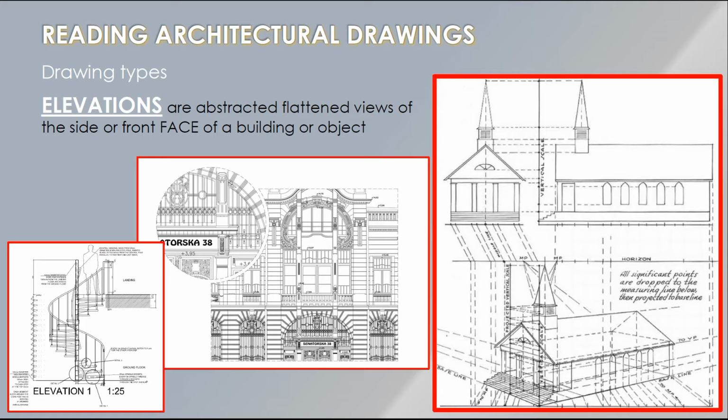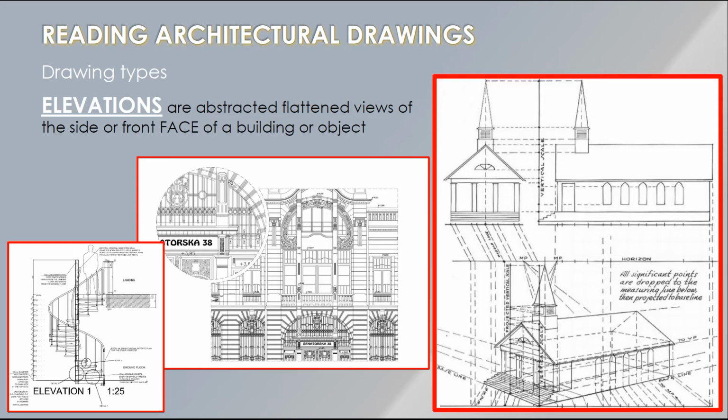Now, a different kind of example of an elevation is in the middle here. I think it's a Russian train station, if I'm not mistaken. And what you see here is a large portion of the building facade in elevation, and then a highly detailed segment of it, which helps the builders understand what all of the construction details are going to require.